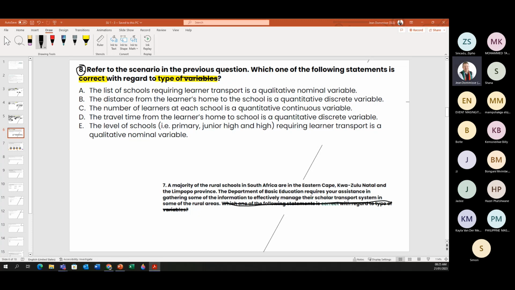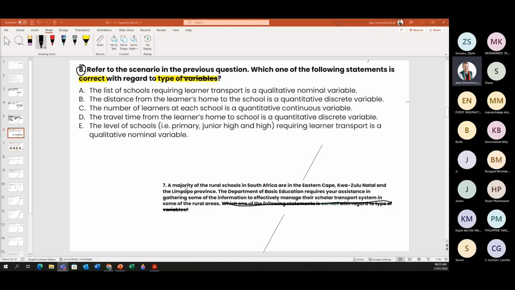Okay, so the information talks about the majority of rural schools in South Africa are in the Eastern Cape, KZN, and Limpopo. The Department of Basic Education requires your assistance in gathering some of the information to effectively manage their scholar transport system in some of the rural areas.